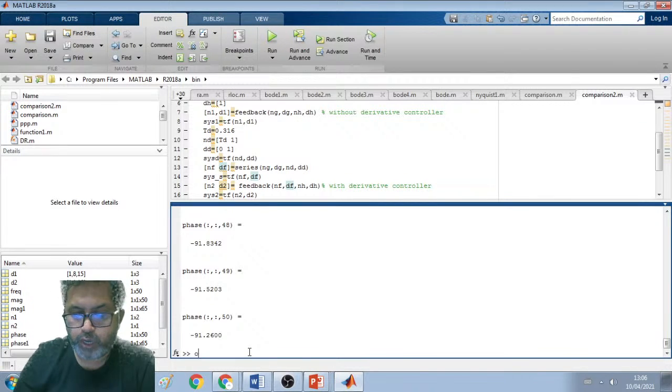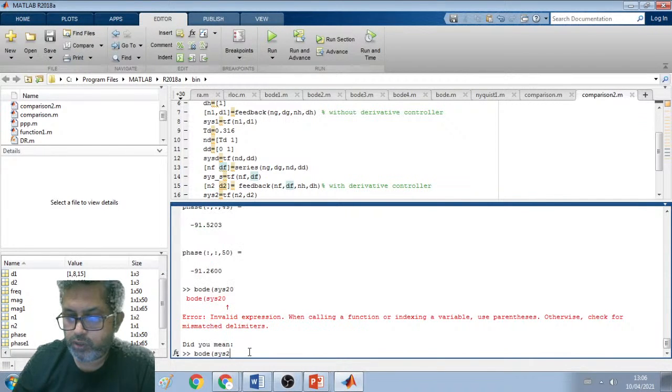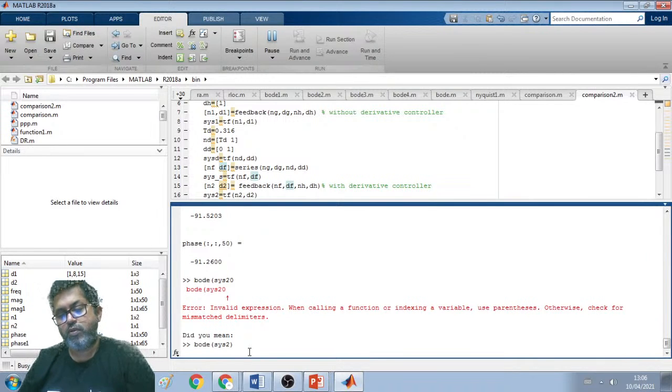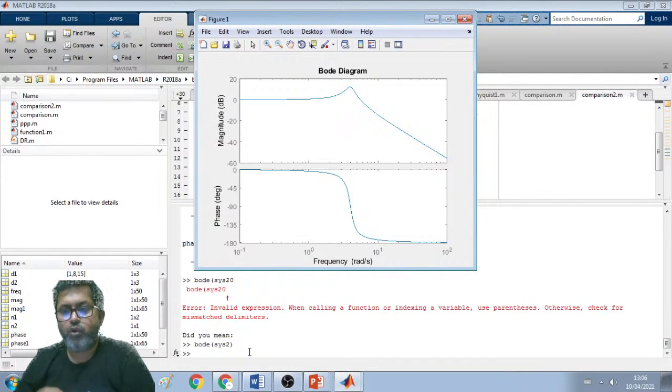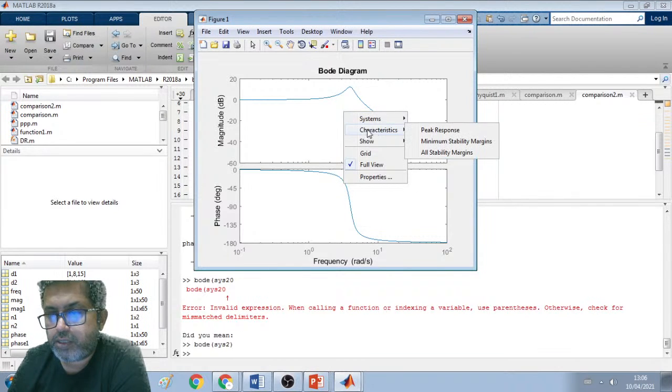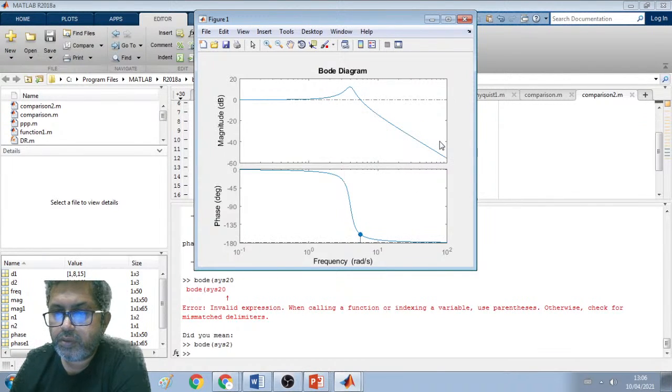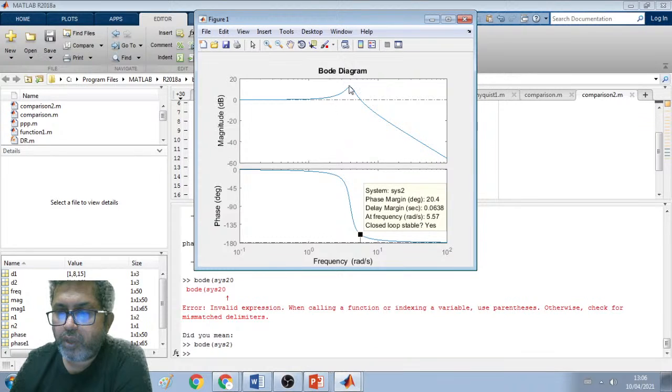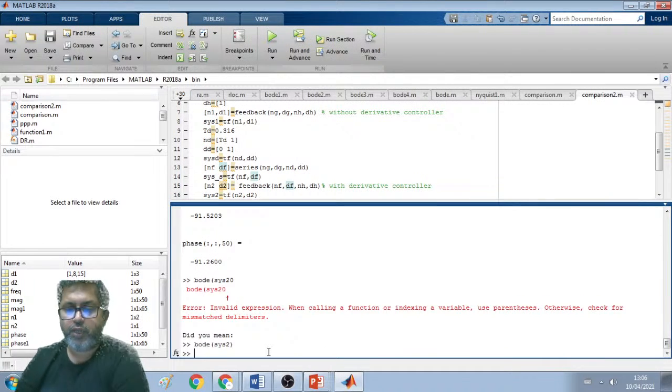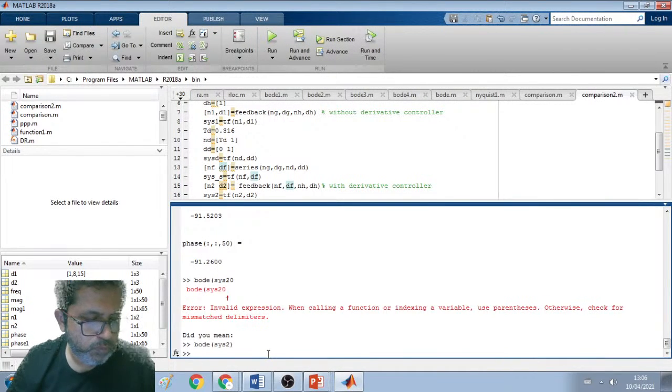You can use bode for sys2. Okay, so let us see the stability of this. Stable.